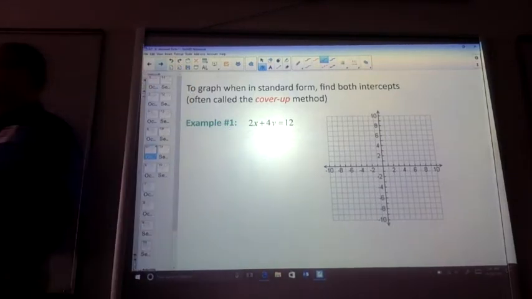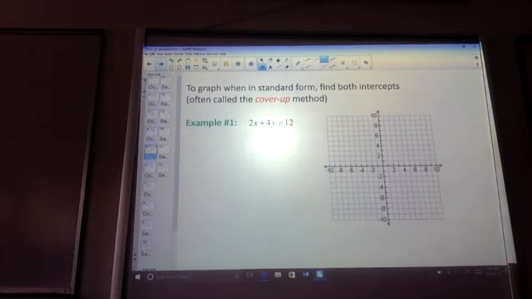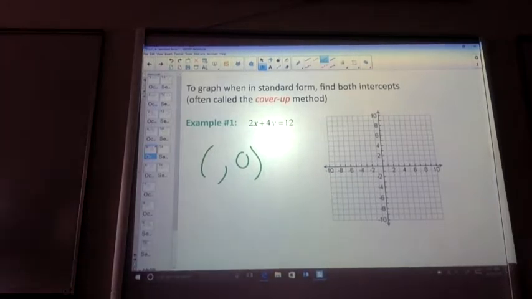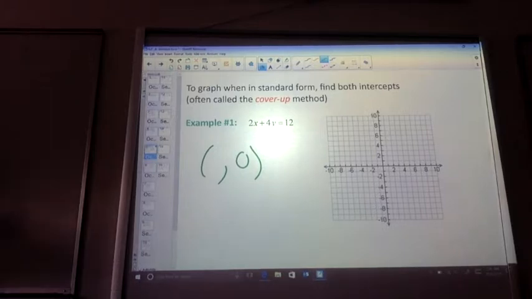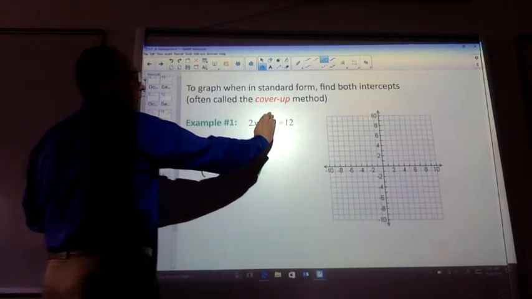If I cover up the y value, that means a 0 is the placeholder in place of the y.